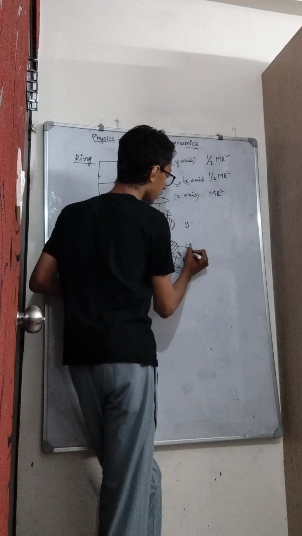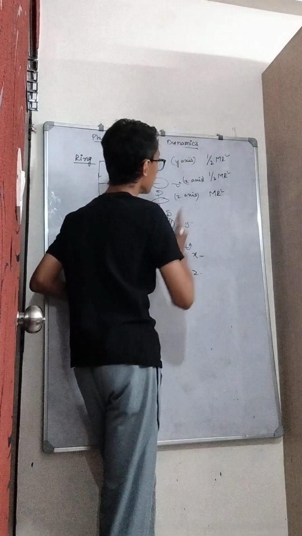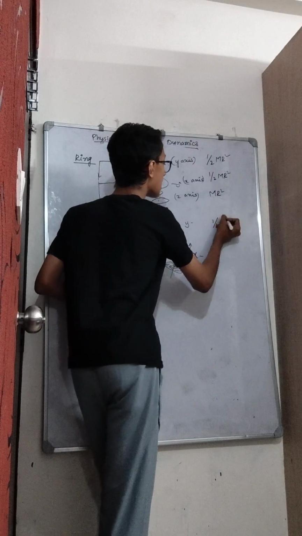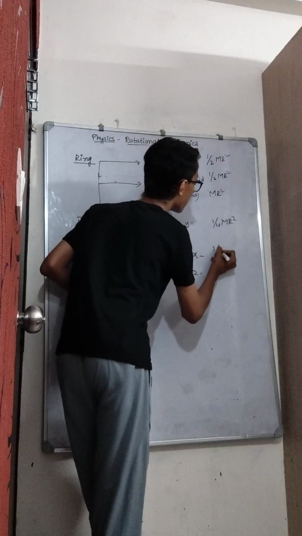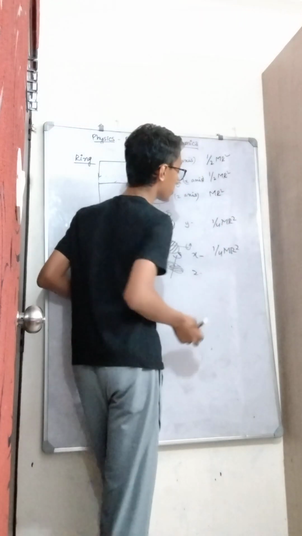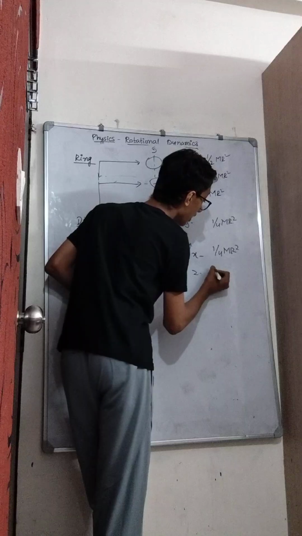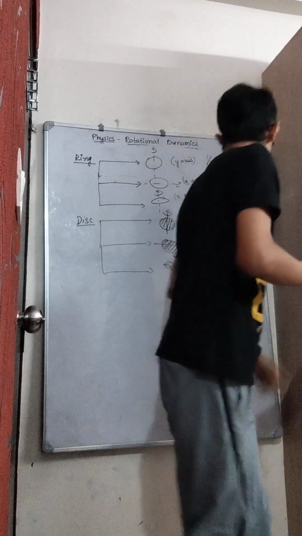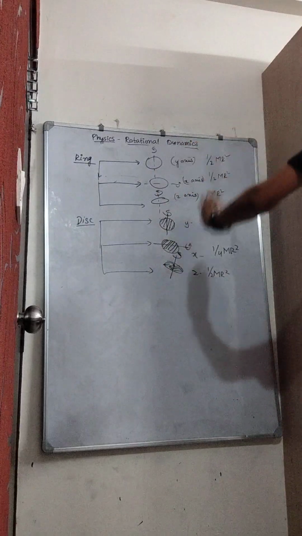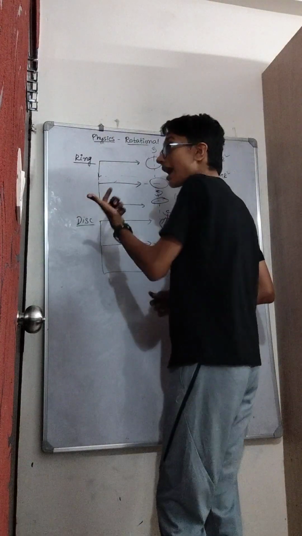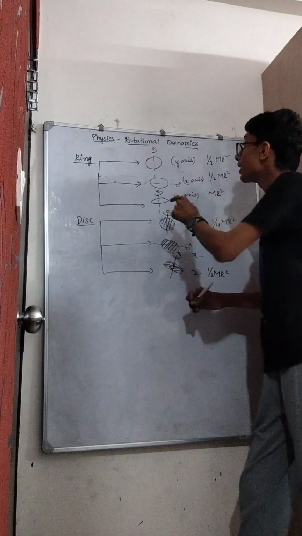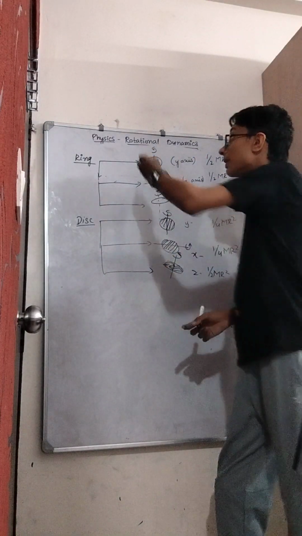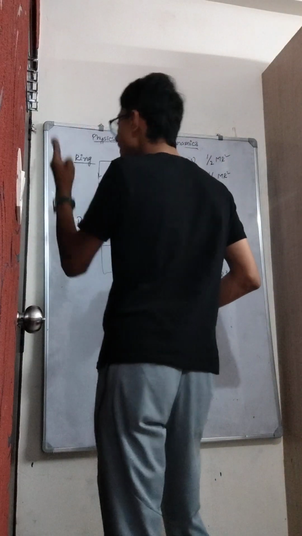Along the y-axis, x-axis, and z-axis, this moment of inertia will be 1 by 4 m r square, 1 by 4 m r square, and half m r square. Okay, so this is the value for all three moments of inertia for ring and disc, because sometimes they will ask questions based on this also. Many books only give the z-axis, only x-axis, or only y-axis. But I am giving all three. So please note it, very very important.